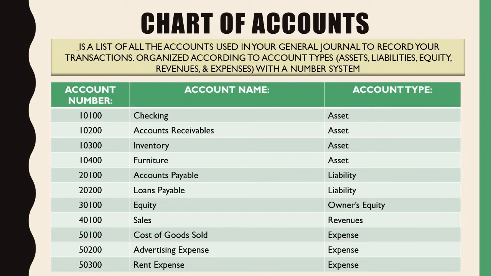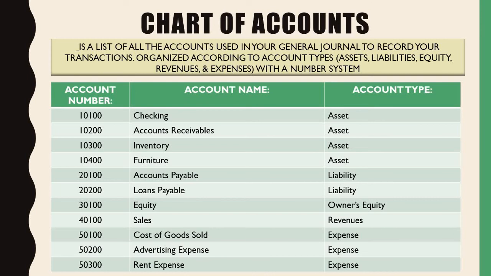You do create accounts as you go and build your profile, okay? So again, with a chart of accounts, you can't really rely on account numbers or account names. You just know that it's always going to be organized by account type. Okay? So here we have a bunch of accounts. We have checking, accounts receivable, inventory. We have loans, equity, sales, expenses.